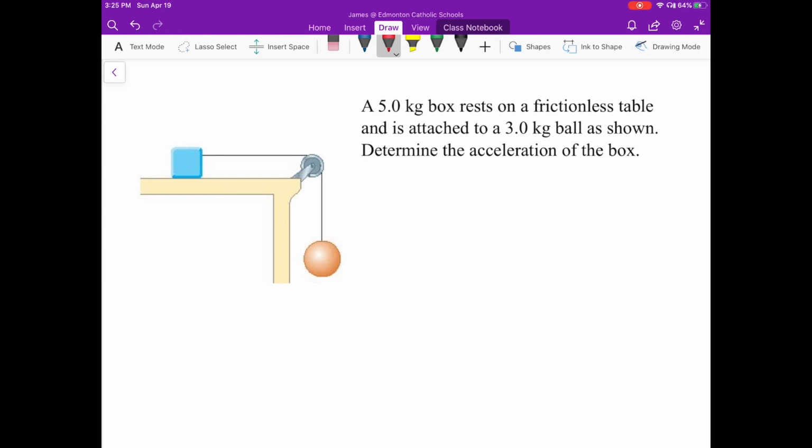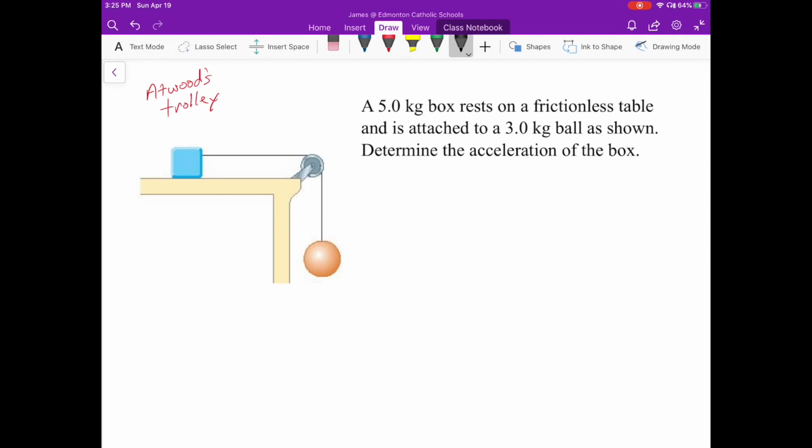Determine the acceleration of the box. So this is actually a really standard, introductory physics kind of classical question. It even has a name. Not that it's super important, but this will help you in physics bar trivia or something like that. This is called Atwood's trolley.